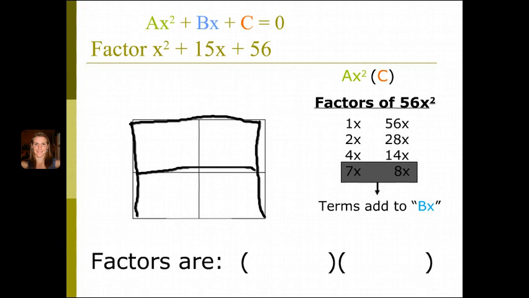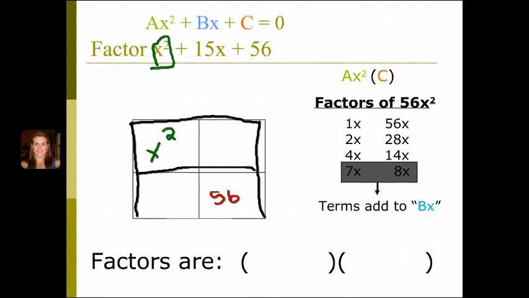So our ax is going to be the x squared. So this goes in the first box, x squared. Our term that goes in the last box is your c. So 56 goes in the last box.